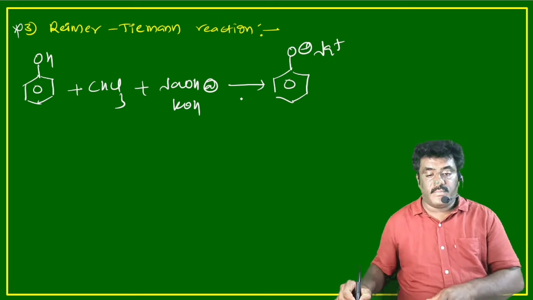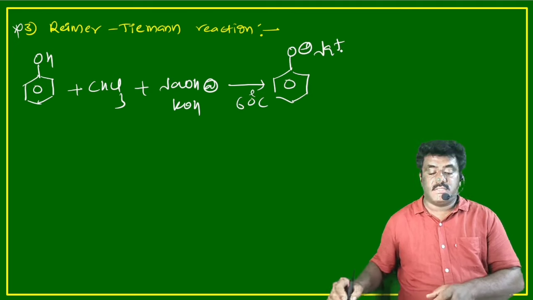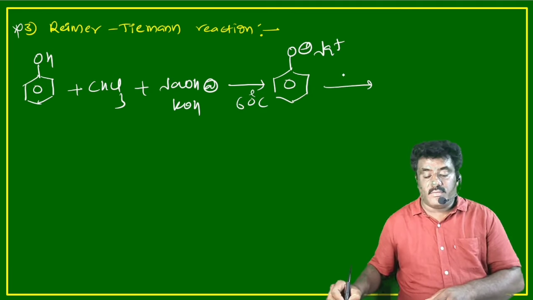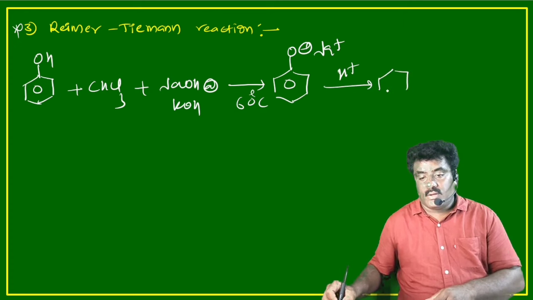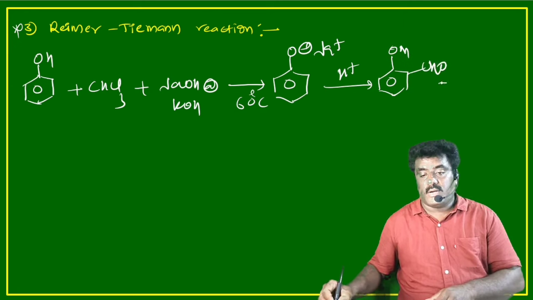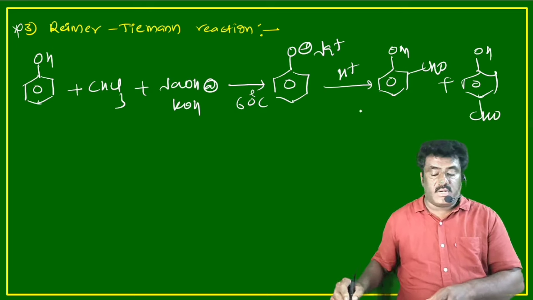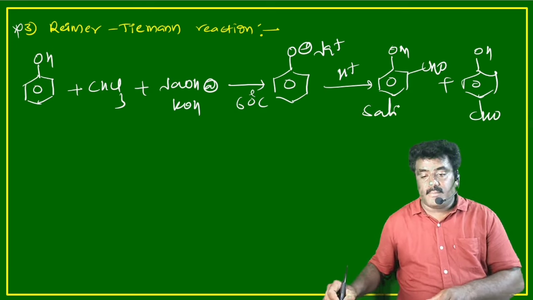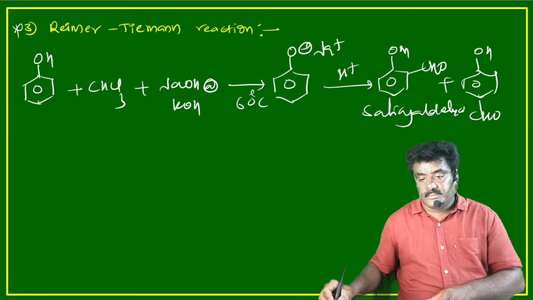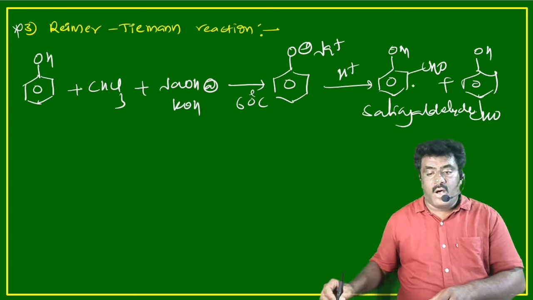It needs 60 degrees Celsius. And in presence of H plus, it gives orthohydroxybenzaldehyde and parahydroxybenzaldehyde. It is a salicylaldehyde. Yes, salicylaldehyde. See, ortho product.